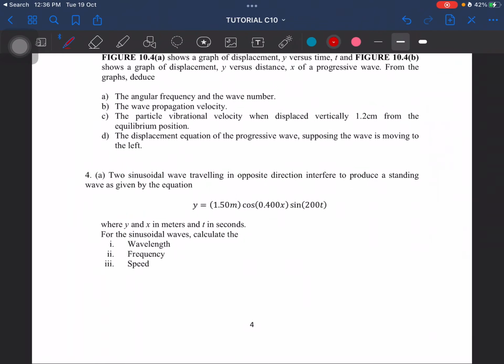Okay, so from here we can calculate the wavelength by using the wave number. But let me just compare this with the general equation, which is y equal to 2a cos kx sine omega t.